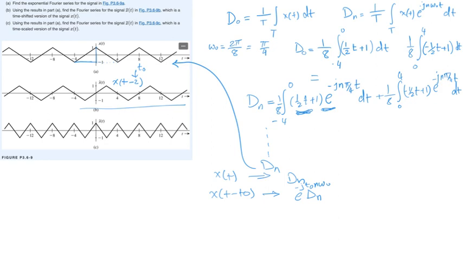It's the same omega naught of the signal because we didn't change the frequency. Shifting it is not going to change the frequency. So e to the minus j t naught n omega naught. So if the shift here is 2, this is going to be e to the minus j 2 n omega naught multiplied by dn.